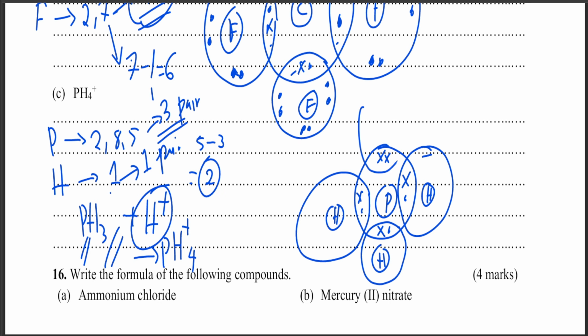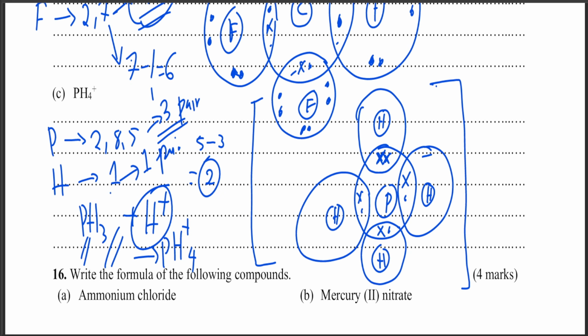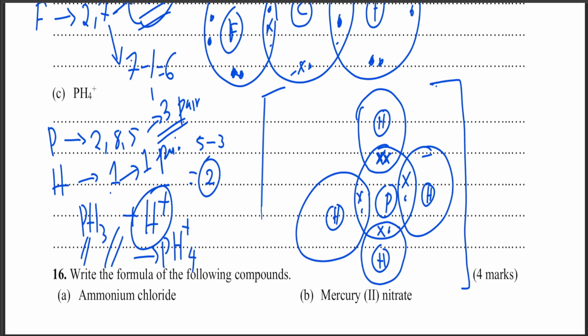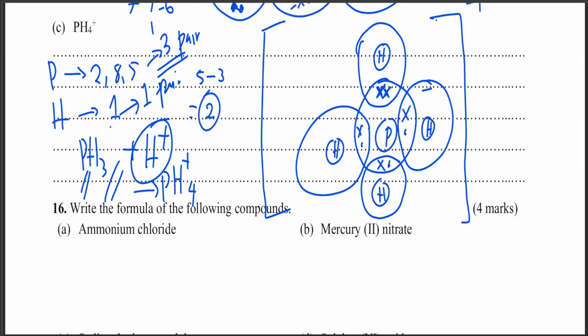That one forms a coordinate bond with phosphorus, so phosphorus gives these 2 electrons to hydrogen, and they share them. So you have something like this. Just assume there's nothing here. Let me rub this out so it doesn't confuse you. This is plus, and the plus is because of the hydrogen ion. Hopefully it's understandable.